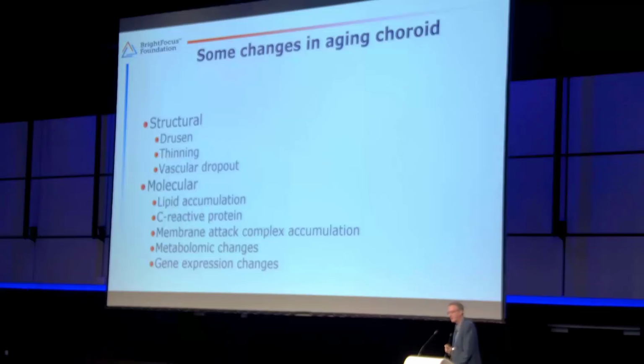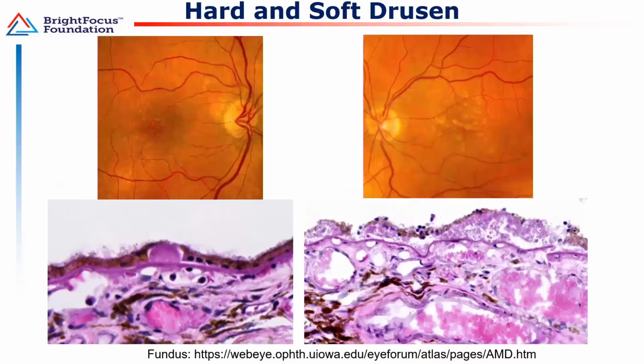So what happens during aging? There are a number of structural changes that we can talk about, as well as molecular ones. Structurally, we've heard already about drusen, and that these can be called hard or soft. This is what they look like clinically and what they look like histologically.